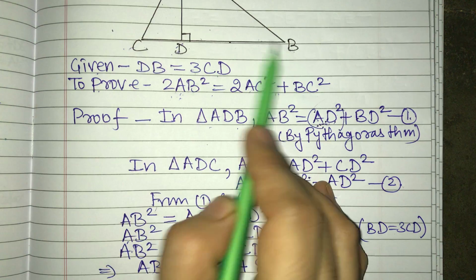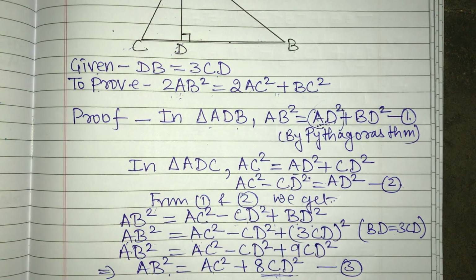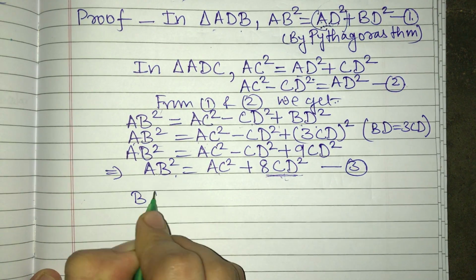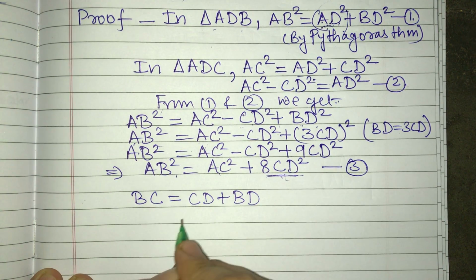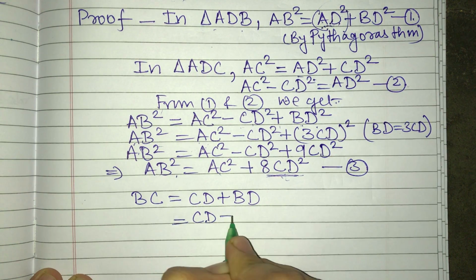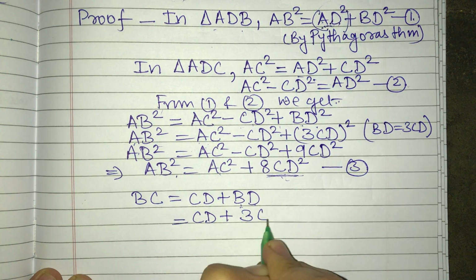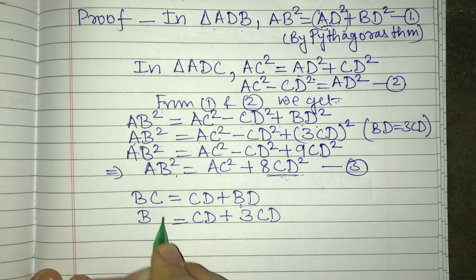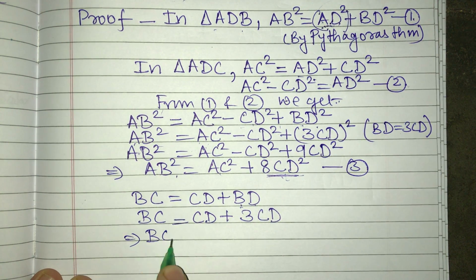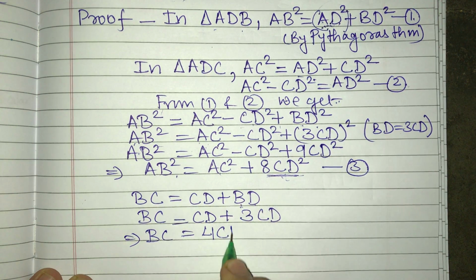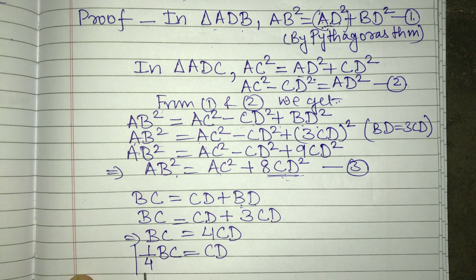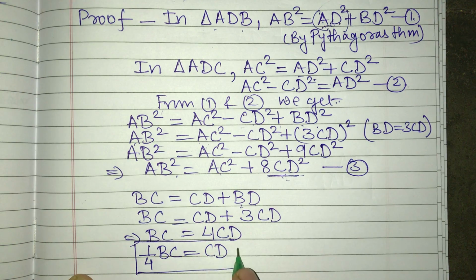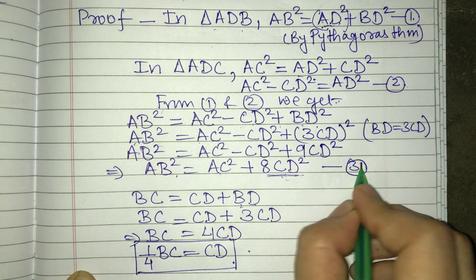We know that BC equals CD plus BD, and we are already given that BD equals 3 times CD. So BC equals 4 times CD, or you can say CD equals 1 by 4 times BC. This relation I'm going to use here.